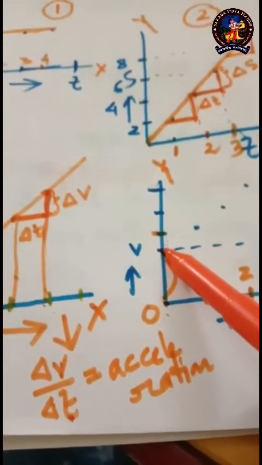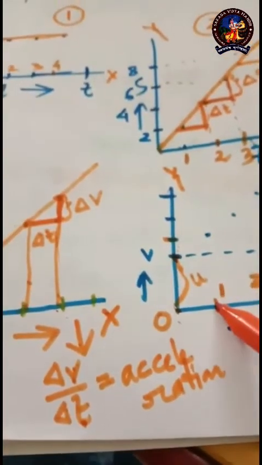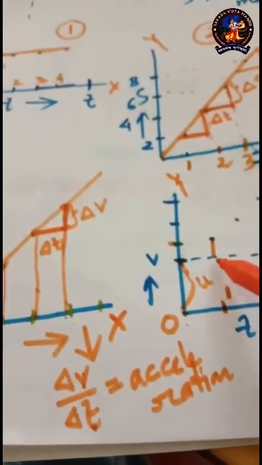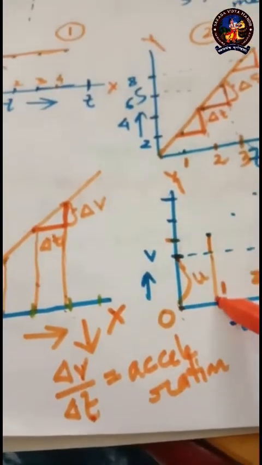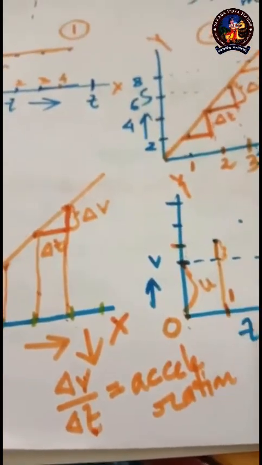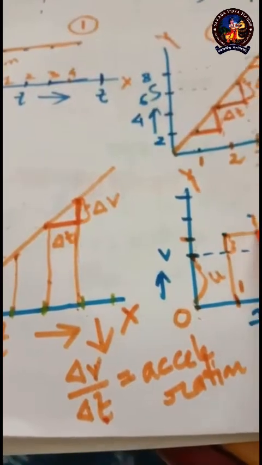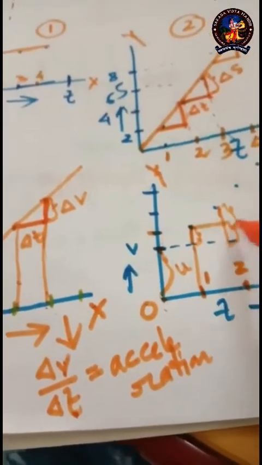Now it is accelerating. After 1 second, obviously it will be increased by this. Initially the velocity was this and now this is added. After 2 seconds, it is increased by this and this.